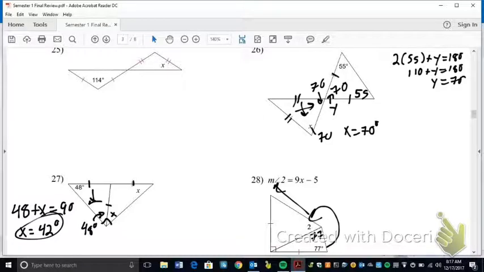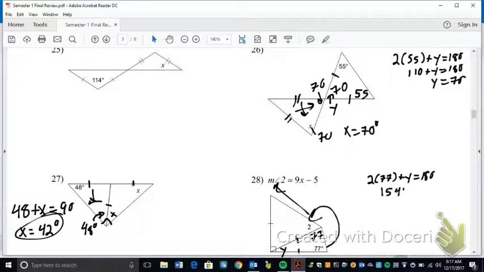Now here, starting with 28, we have a couple where we're actually going to have to use that x once we find it. Or no, in order to find x, we need to use the angle measure. So we start off with 77 and 77, okay? So that is going to give us that little angle down there. So we know that 2 times 77 plus y equals 180.